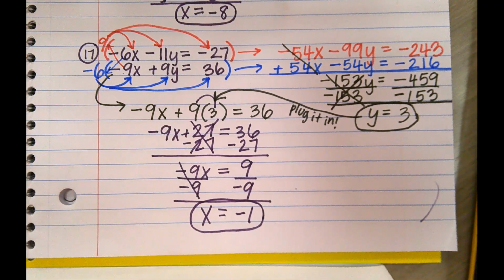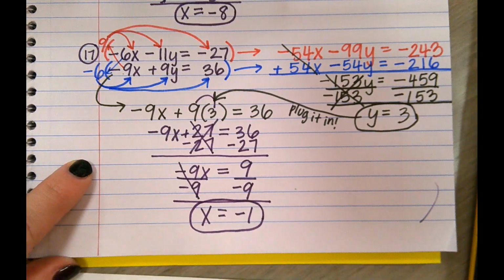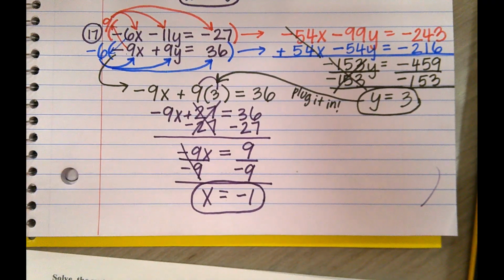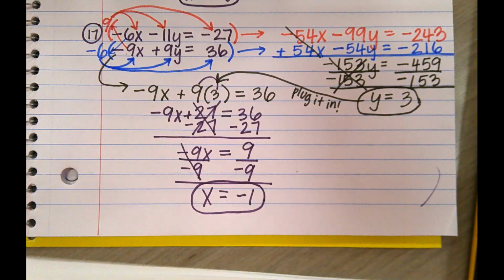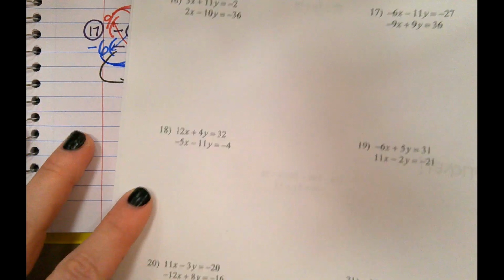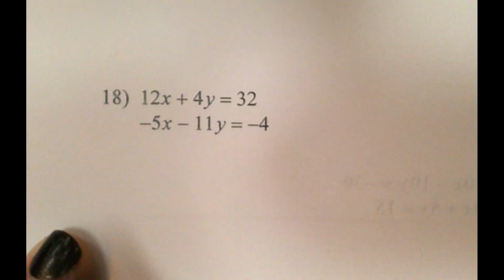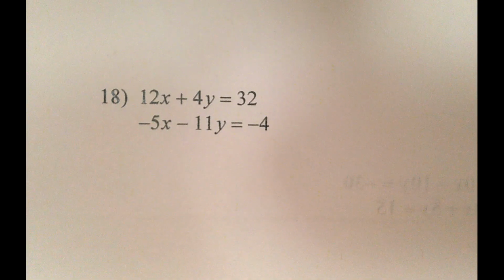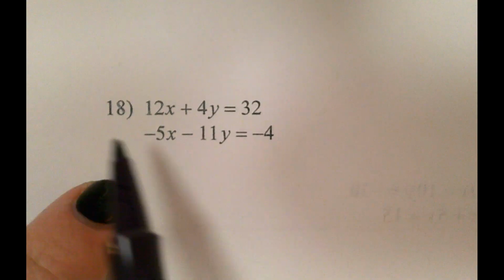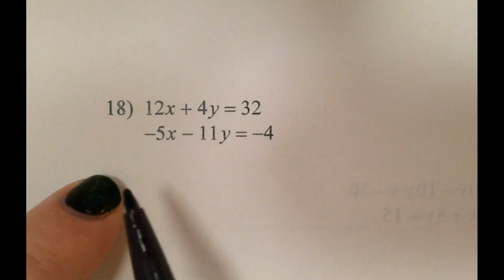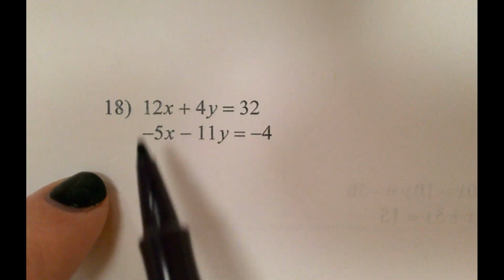Okay, everyone, I know I just set our timer, but Kelsey brought up a really good point, and I'm going to repeat that just in case you didn't hear her. On number 18, we now have a problem that is a little bit different than the last two we just did. Because now my x's are not two positive numbers or two negative numbers.